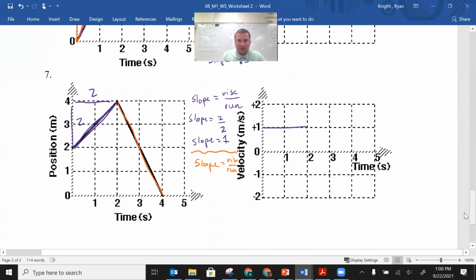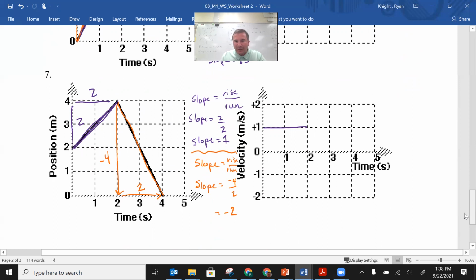So rise over run. This one we go from 4 down to 0. So because we're going down, instead of getting a positive number, we're going to get a -4 because we went down 4. And then run, we go from 2 to 4. That's still a +2. So we're going to get -4 divided by 2. -4 divided by 2 gives us -2.